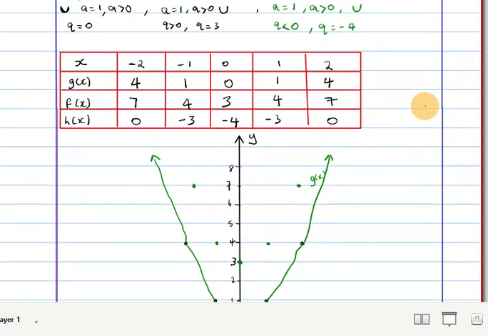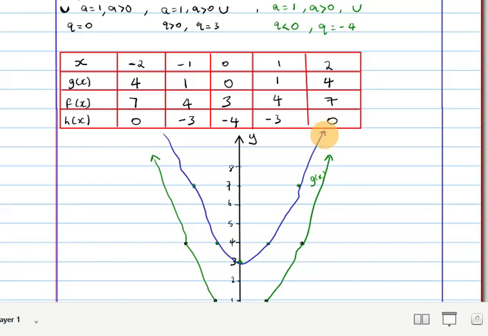So look carefully here. Let me draw my graph. So I'm constructing the dots. And you can see here that your graph is shifted 3 units upward.